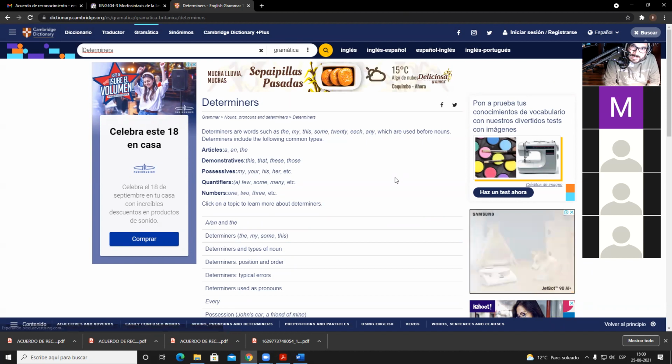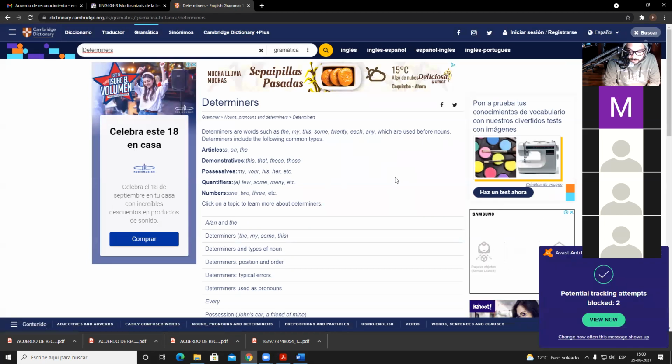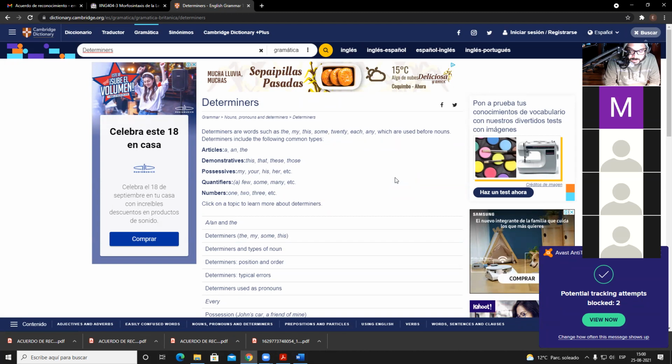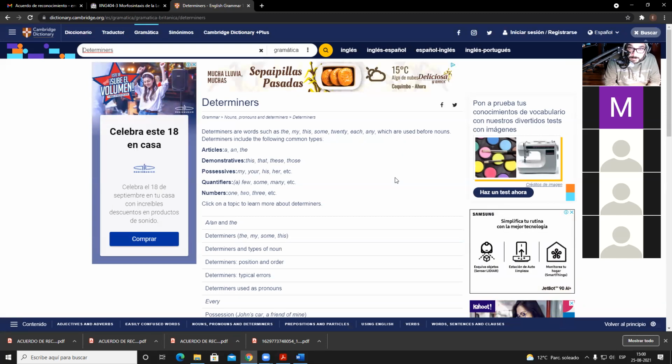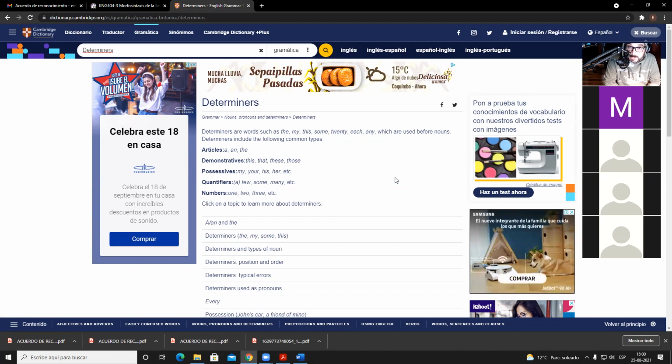Okay, so the idea of a determiner is one word which will provide at least two different meanings. The very first of them is definiteness, and the other one has to do with number. As you can see, it is not one single group of words, but several groups of them. You can have articles, both definite and indefinite articles. You can have demonstrative determiners. You can have possessive determiners.